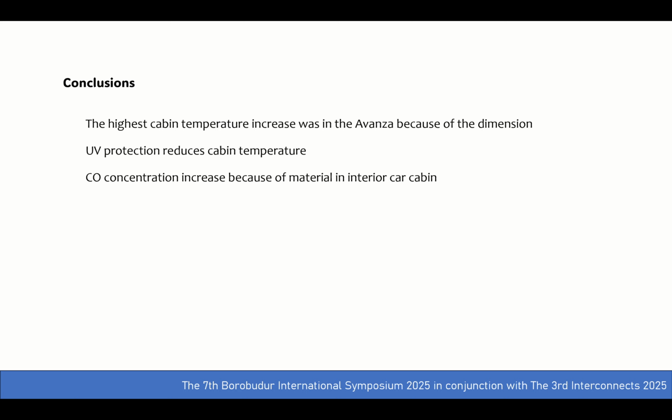So if we use materials in the cabin, it is better to make sure that every interior component does not affect CO, because CO will affect human health and the comfort of the passenger.